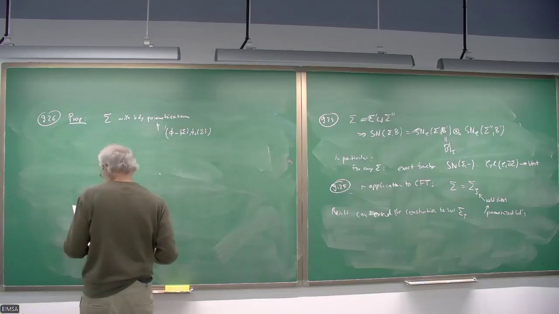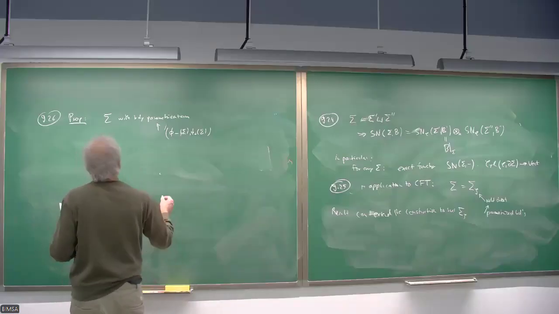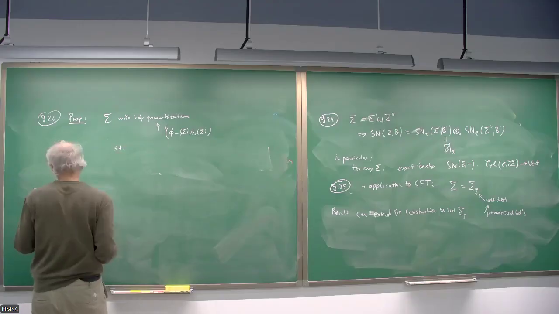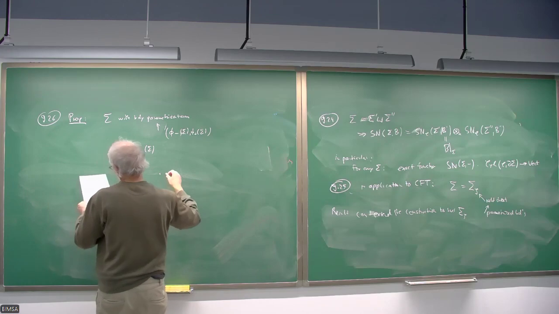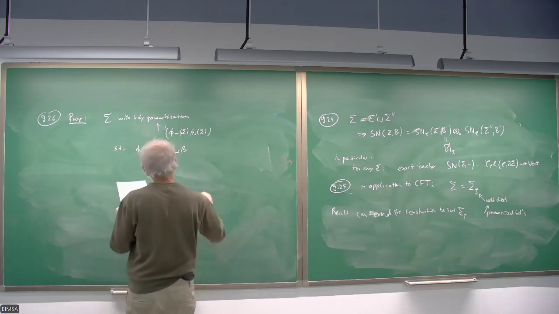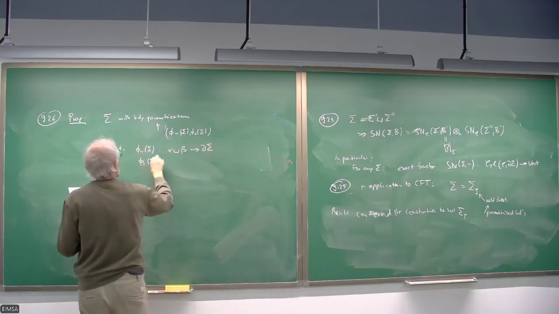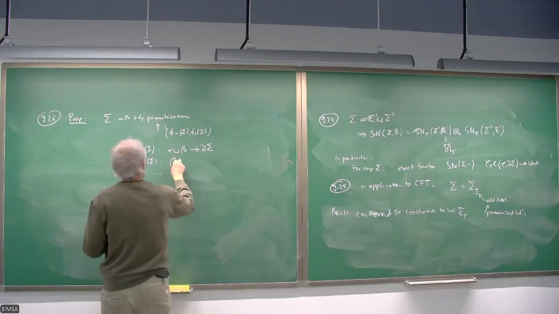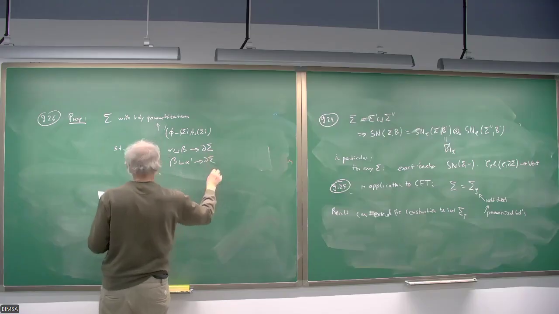So that means that we can in particular look at the situation that phi minus goes from alpha disjoint union with beta to the Sigma, and phi plus from the same beta disjoint union alpha prime.